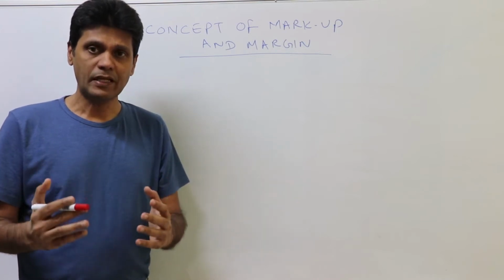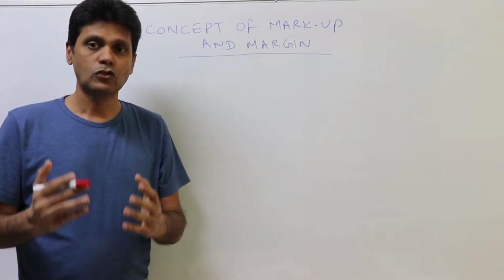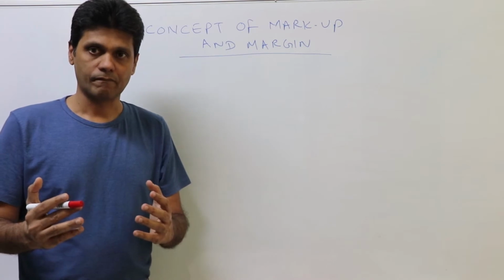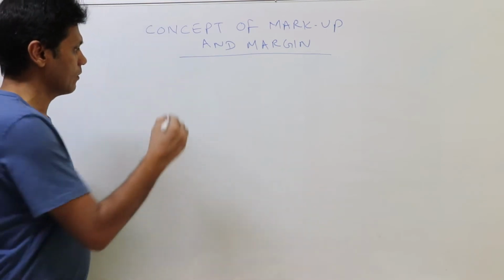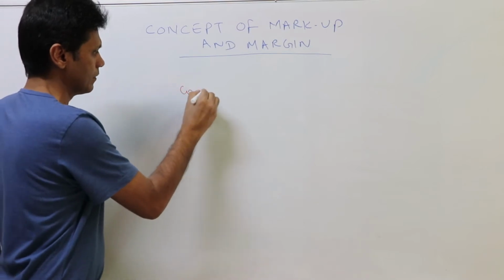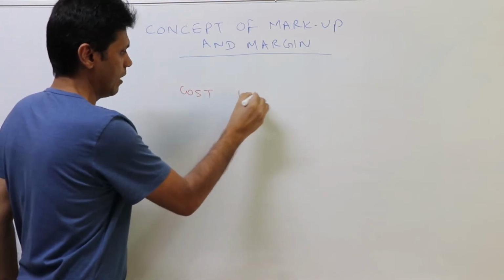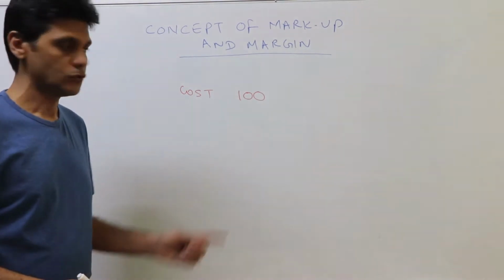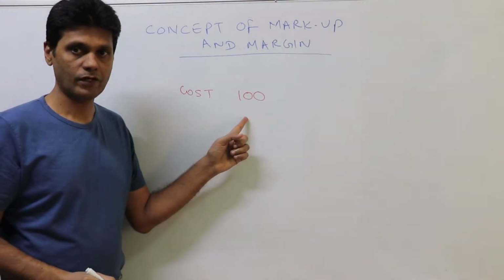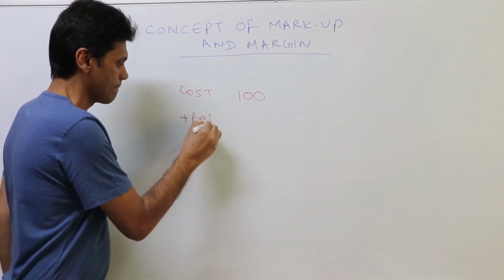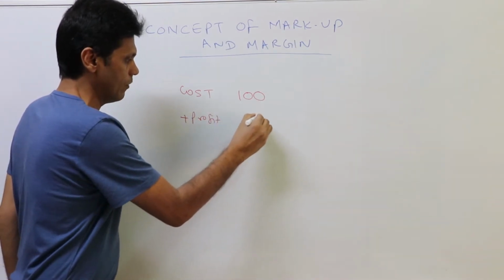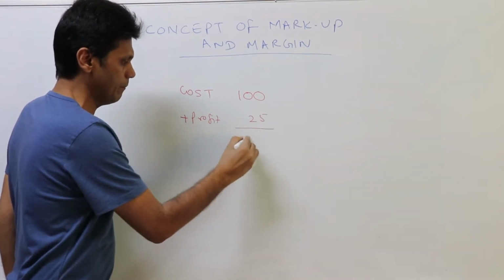In order to explain this concept, let me take an example. Let's say the cost of production of a particular item is 100, and we are adding a profit of 25. So what will be the selling price?